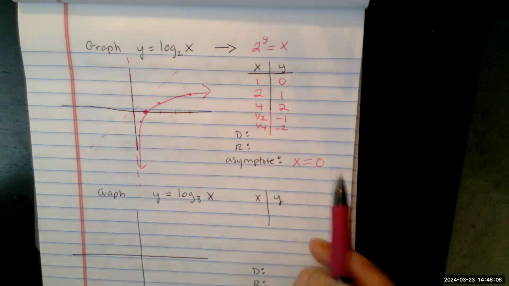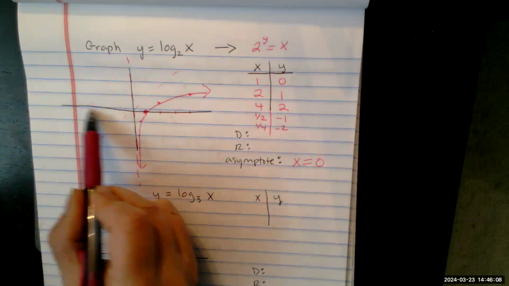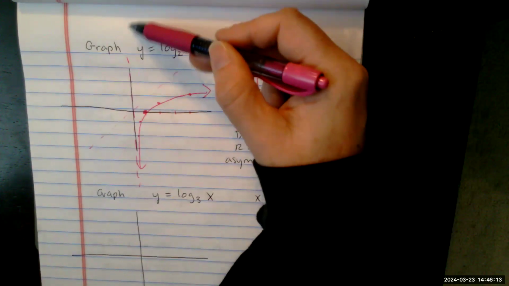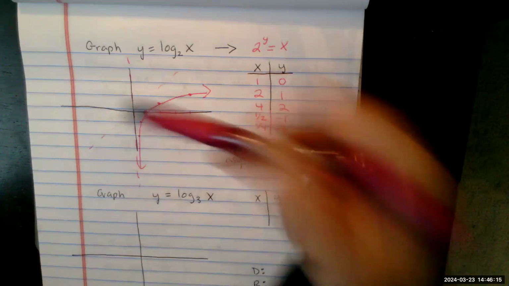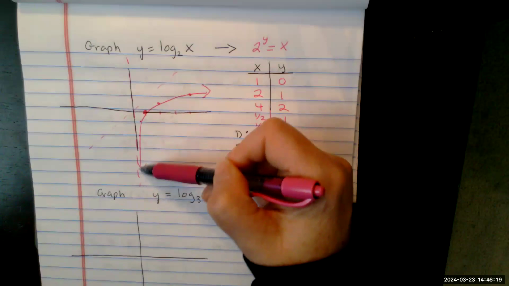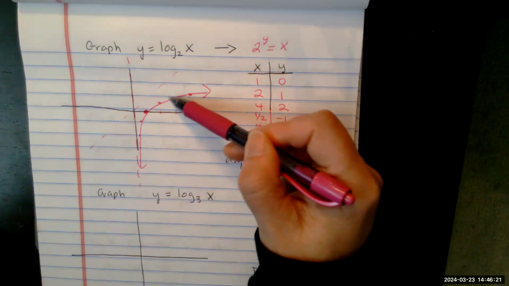So if for exponential functions, we were always having y equals 0 as our asymptote, it makes sense that now it's x equals 0.